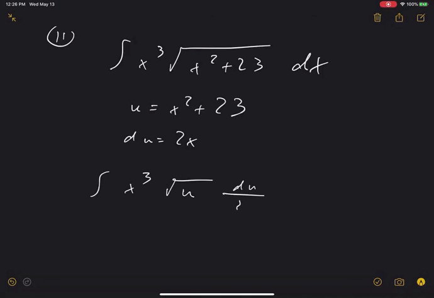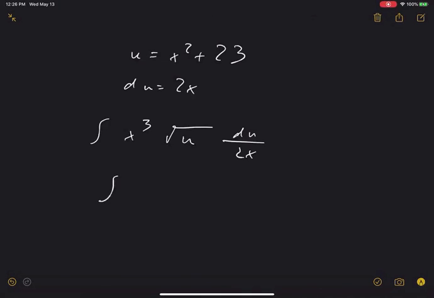Then I try to cancel the x cubed with the 2x. Only part of it cancels, right? I'd have a 1/2 that I could bring outside, and I'd be left with an x squared, square root of u du.